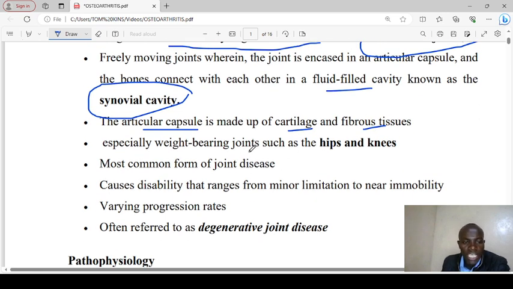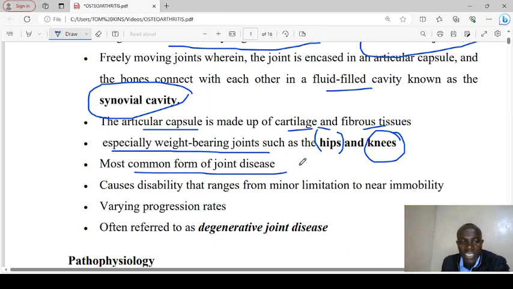We have already indicated that osteoarthritis majorly affects weight-bearing joints such as the hip joints and the knees. Okay? Osteoarthritis is also the most common form of joint disease. Remember, it is closely related to rheumatoid arthritis. Guys, a link will be popping up on the differences between osteoarthritis and rheumatoid arthritis.